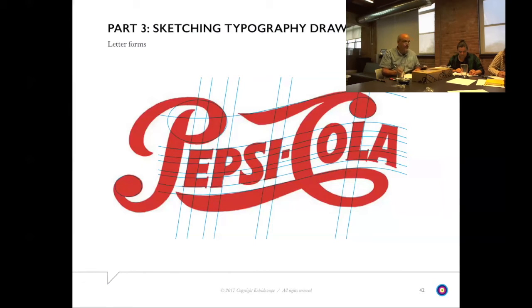But see, once you master this, there's no shape you can't draw a letter form for, because it's all basically vertical, horizontal, circles. That's it. It's all letters or all that. It's not rocket science.